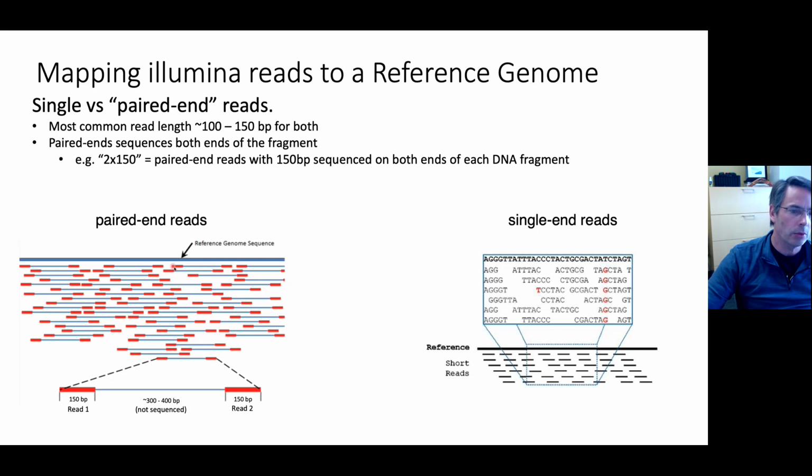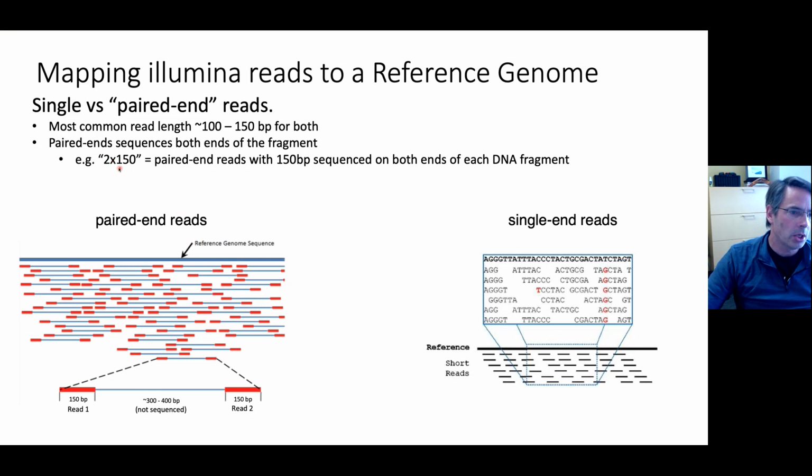So you're really getting 300 base pairs out of that fragment. It's just 150 base pairs on both ends. And then there's some stretch, usually 300 or 400 base pairs in the middle that you're not sequencing. Okay.